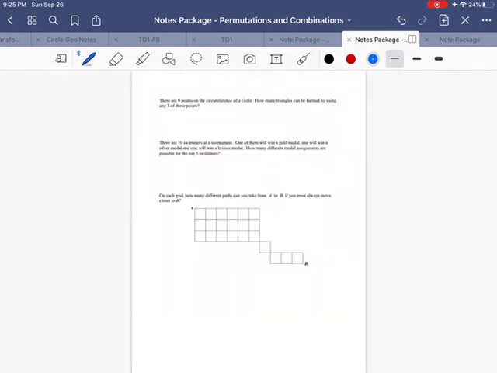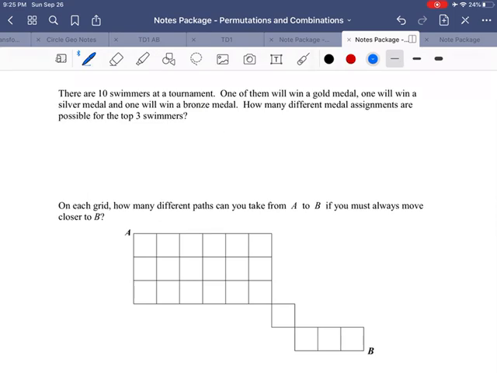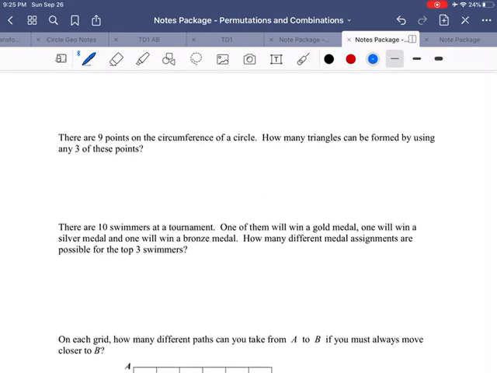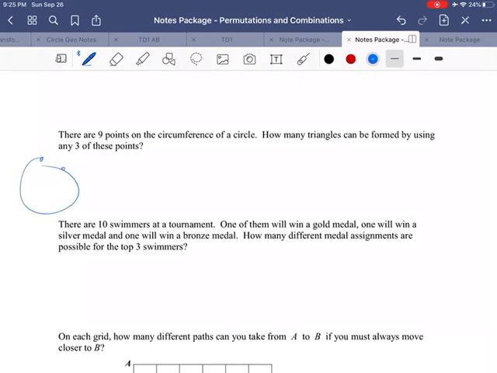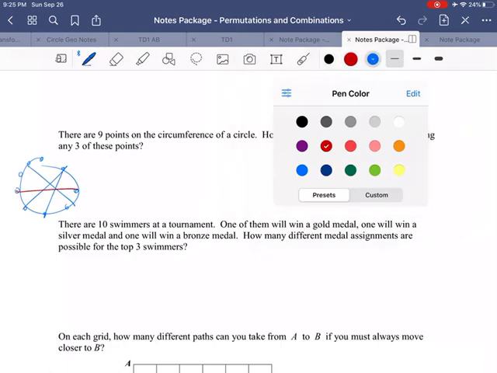Okay, a couple more. 9 points on the circumference of a circle. So 1, 2, 3, 4, 5, 6, 7, 8, 9. Okay, how many triangles can be formed? So this is like the diagonal question that we had. So you're connecting 2 points, but whether you connect this point and that point, it's the same as if you do the reverse order.